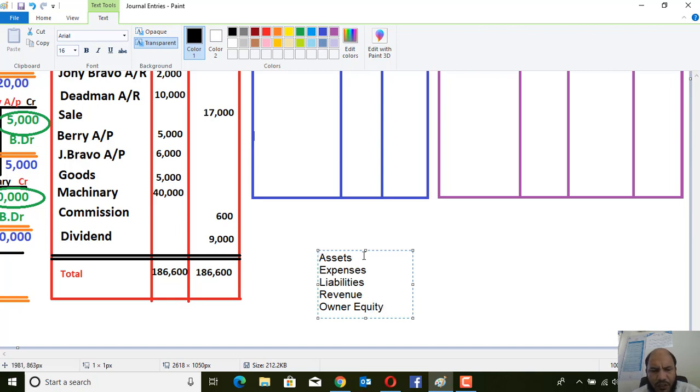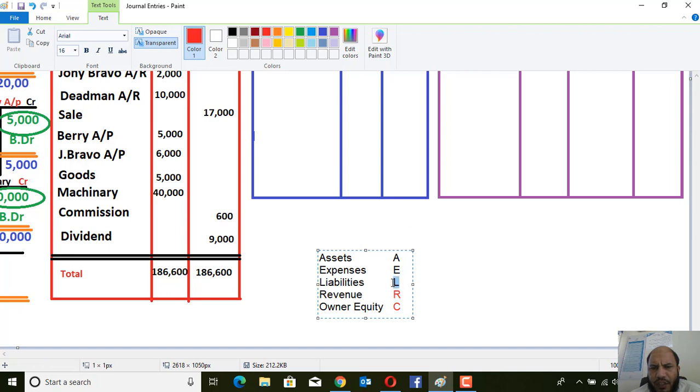So in this course we will nominate asset as A, the expenses as E, and liabilities as L, revenue as R, and owner equity or capital of owner as C. So these are, for example, titles for each of the five classes of accounts.